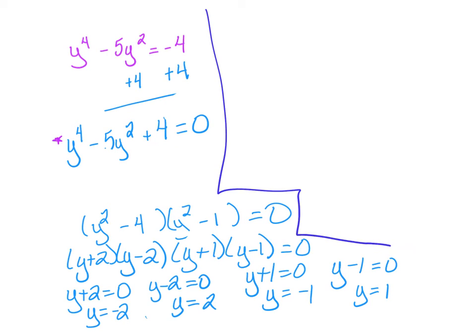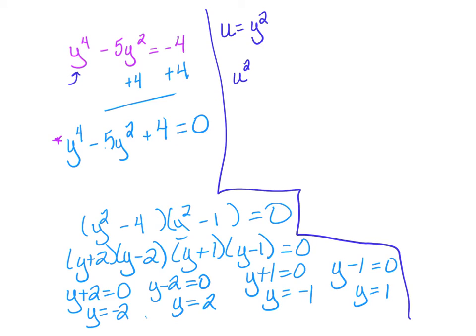What I'm going to do is I am going to recreate this problem. I am going to say that my value u is going to equal y squared. Okay? So I am taking a y squared and I'm substituting in a u for that. So instead of writing y to the 4th, I am going to write u squared.